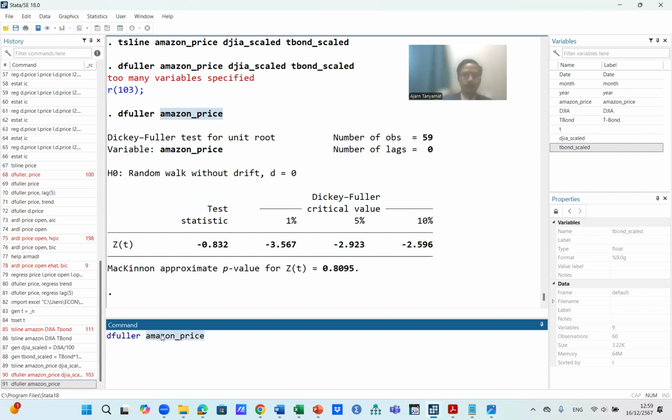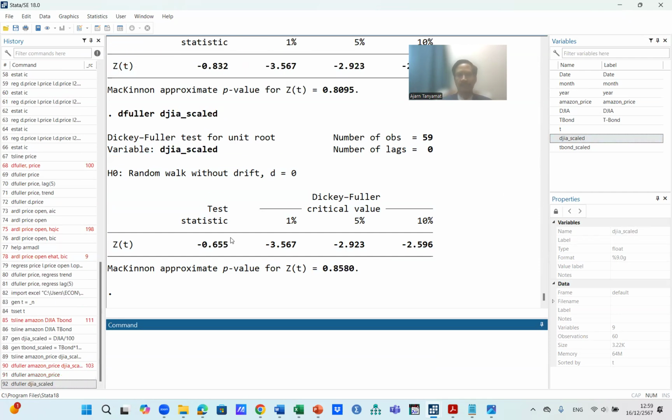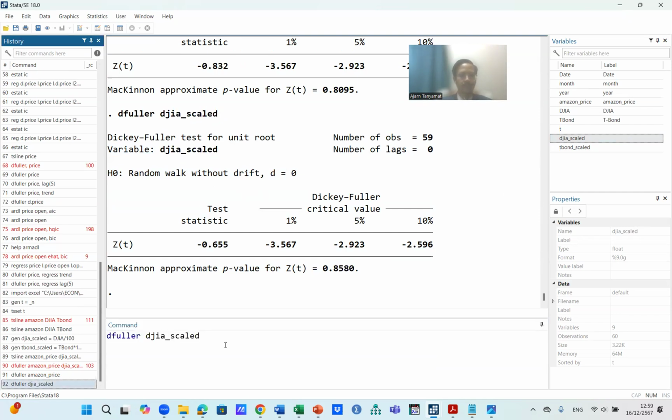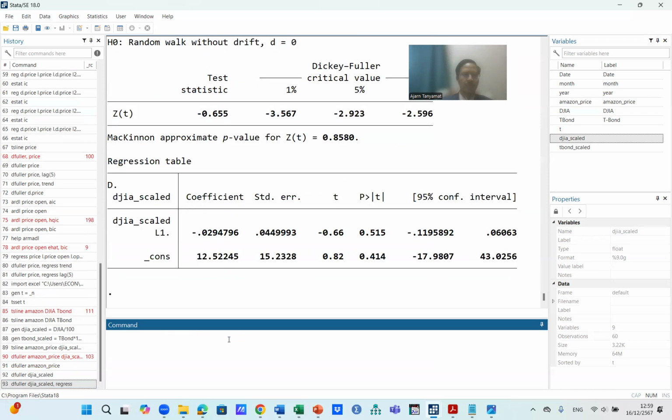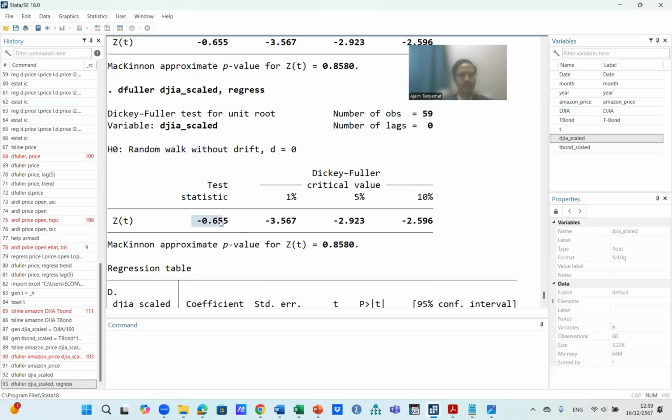Okay, let's do dfuller on DJIA scaled. Now, scaling makes no difference on the test for stationarity, because we're just multiplying the number by a constant. It doesn't affect the results here. Let me put also the regress option. So it's the same test, right?